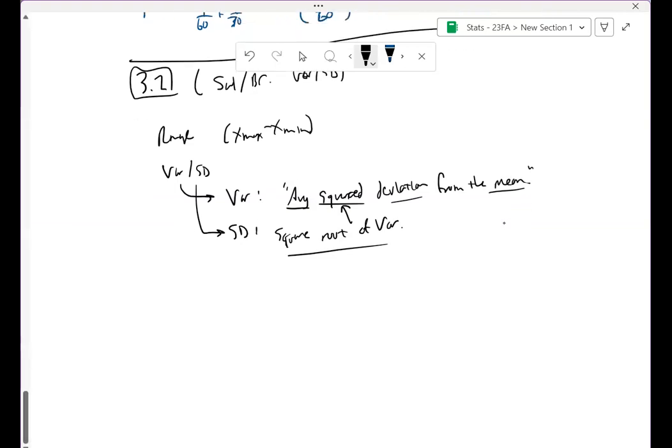Maybe we want to get rid of the effect of those units or the general size of the data sets, the effect that that's having on the variation. And that way we can maybe compare two data sets that have some inconsistent units or some size inconsistencies directly to one another.